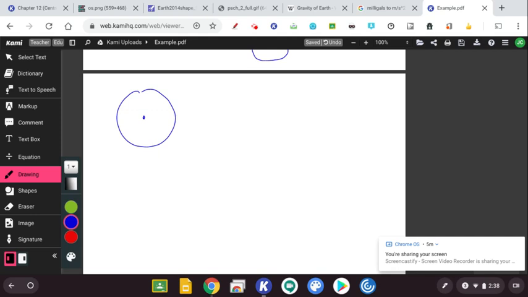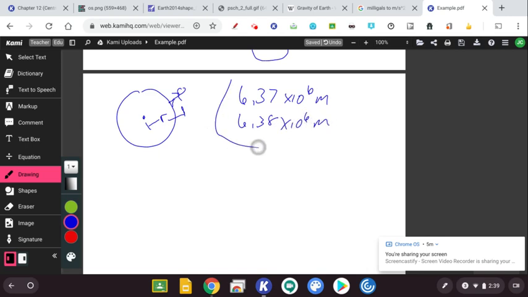And so if we are an object on Earth, here you are standing on Earth, it's going to be the distance between you and the center of the Earth that matters, which is going to be 6.37 times 10 to the 6 meters, or 6.38 times 10 to the 6 meters. Depending on where you're measuring from, you could get slightly different values to this.